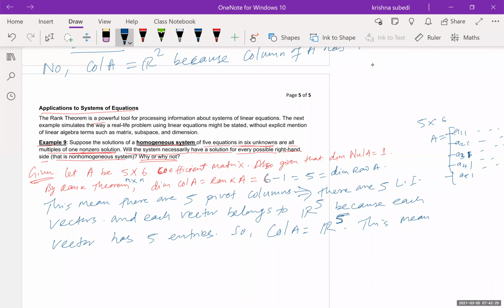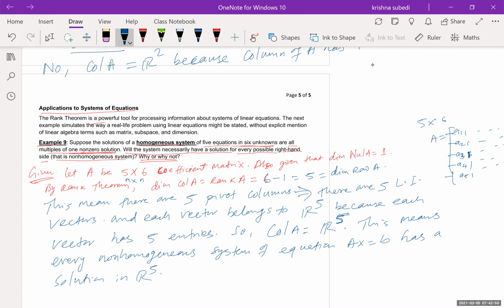This means every non-homogeneous system of equations Ax equals b has a solution in R5, because there are 5 linearly independent vectors, and R5 has 5 dimensions.